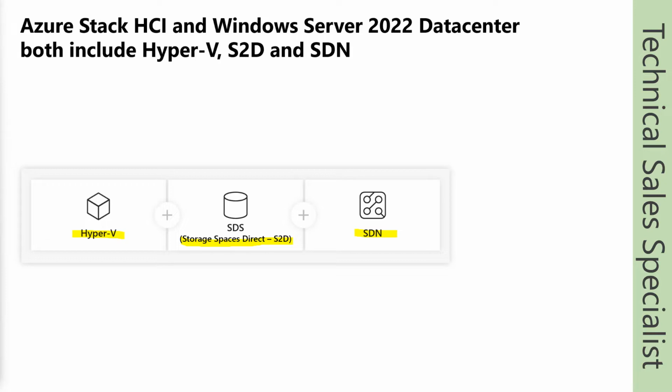So only if you use Azure Stack HCI as the host OS on your hyperconverged infrastructure, you will be able to use these additional features. But if you only want to use a hyperconverged infrastructure without this extended functionality, then maybe for your scenario, Windows Server 2022 Datacenter enabled hyperconverged infrastructure is also an option to choose.